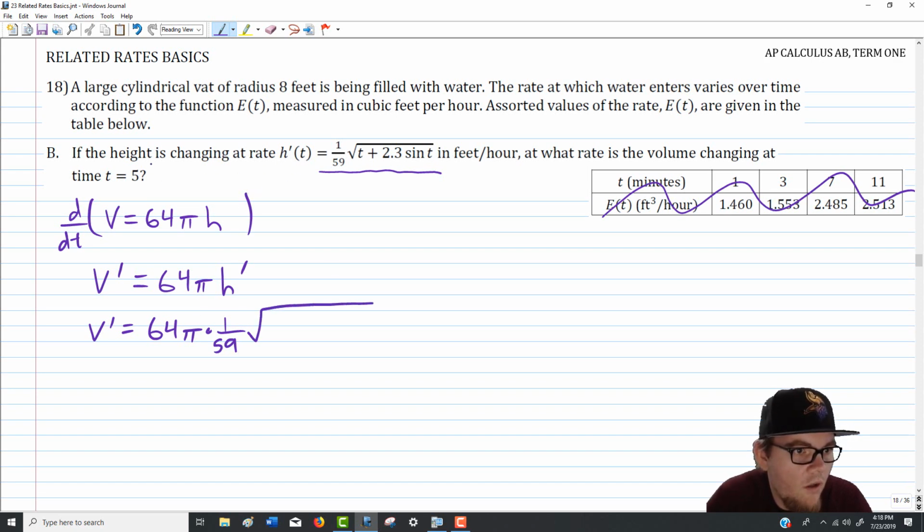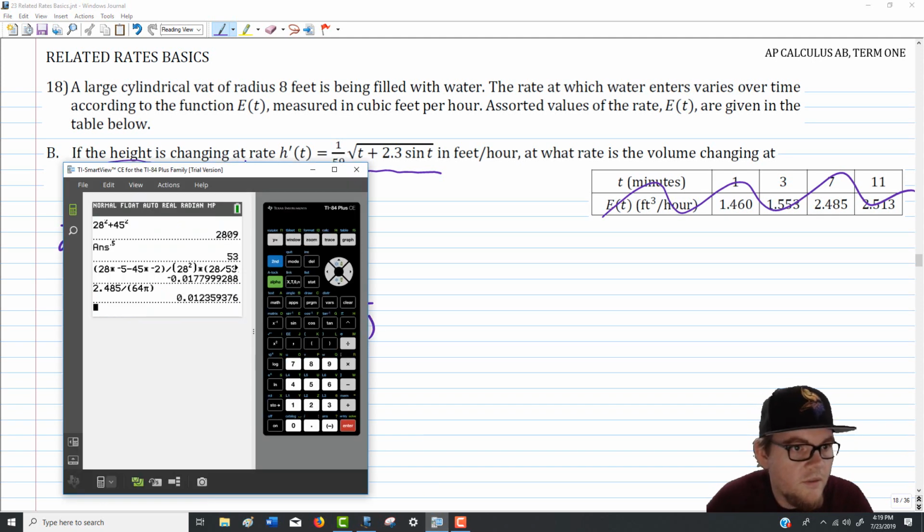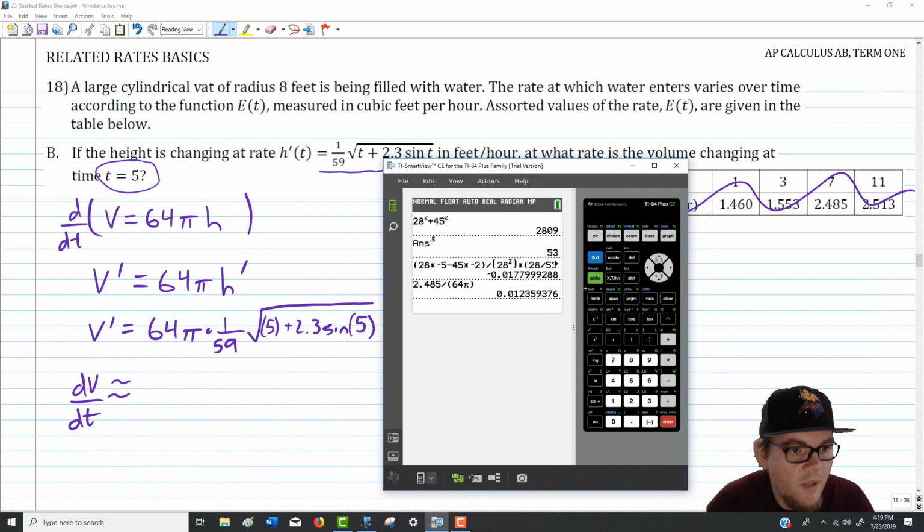But remember, we're doing this all at t equals 5, so I'm going to go ahead and plug that in. We'll have square root of 5 plus 2.3 sine of 5. And so this will give us our volume's rate of change at t equals 5. So once again, we can say that dV/dt is going to be either equal to exactly what's there or approximately equal to whatever this comes out to be.